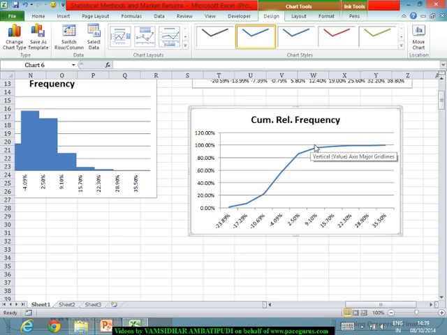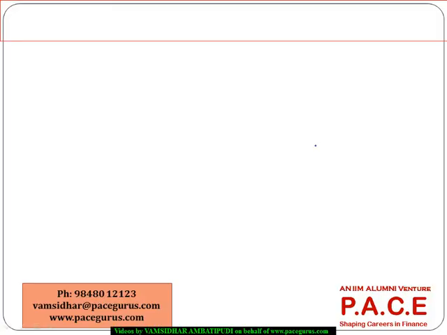All right. So now that we are done with the representation of the data in a tabular and a graphical format, we move slowly towards understanding some quantitative calculations with respect to data.